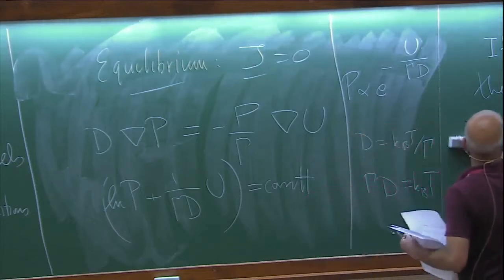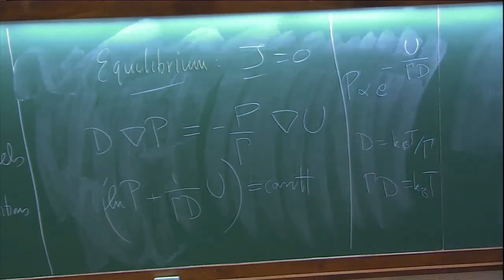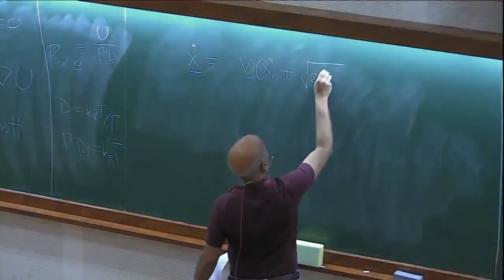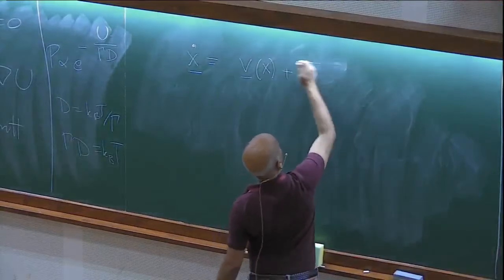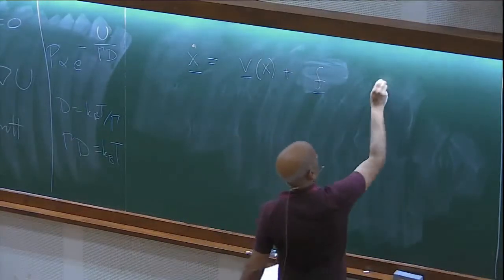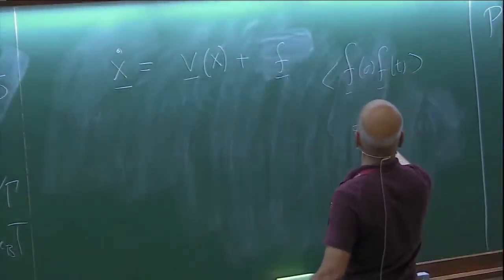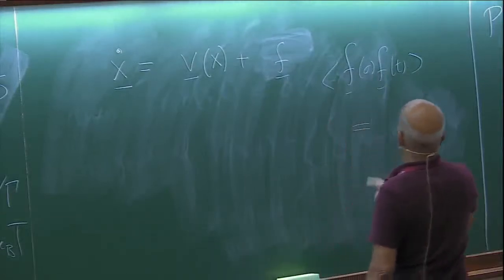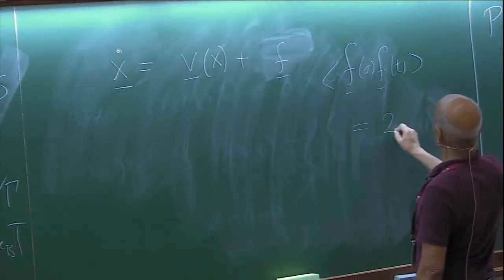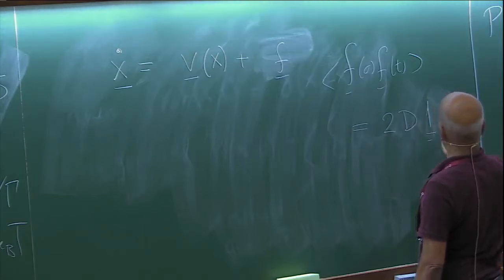Another point to note is, again, supposing somebody had given you a slightly more general stochastic process of the form x dot equals, in some higher number, some more than one dimension, let's say, some function v of x plus a noise. And let me write that noise as a force like that. And f is zero mean, with correlations, let us say, twice D times the unit tensor times delta of t.